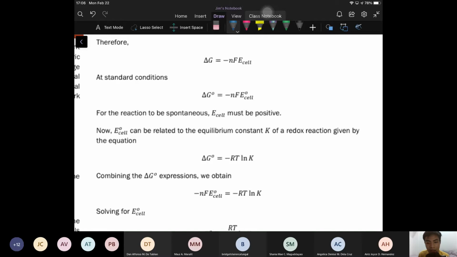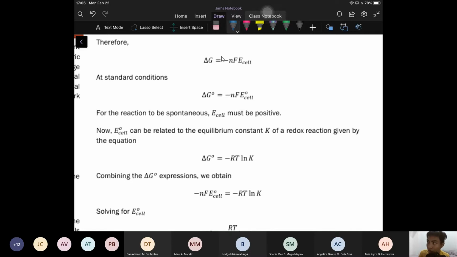I don't know if you could still remember your equilibrium constant noong senior high school, pero if not, I will refresh it later. Sabi sa ating thermodynamics, delta G equals negative RT ln K. Sabi sa electrochem, delta G equals negative nFE cell.